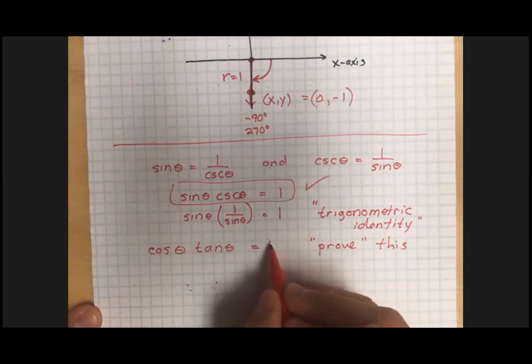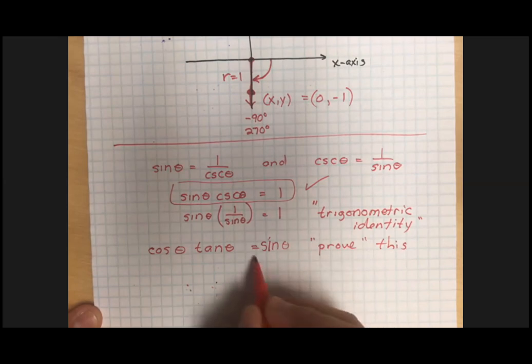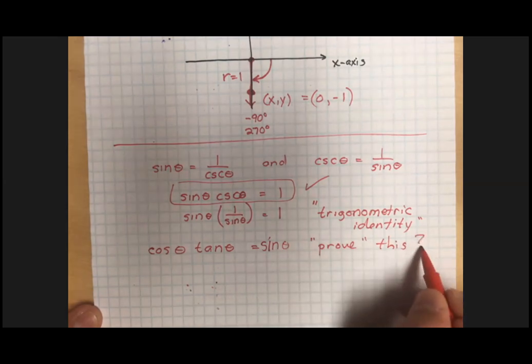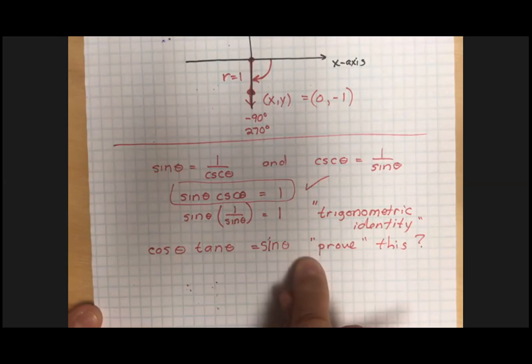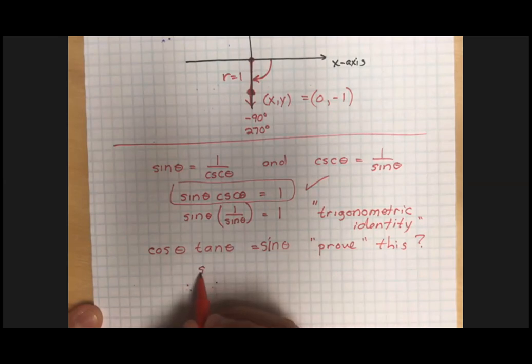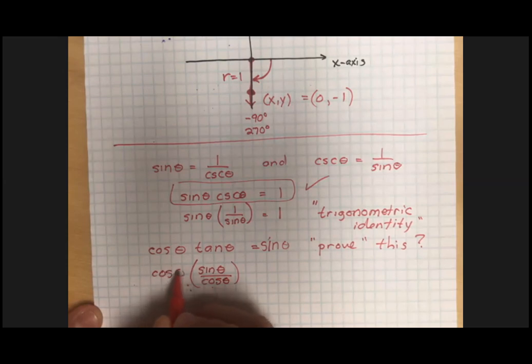Well, let me change that. Not 1, 1 was the last problem. Let's make it sine theta. Maybe it's not always true. But if you remember the ratio identity, tan theta is sine theta over cosine theta. Then you realize when you multiply by cosine theta, sine theta is all you have left.